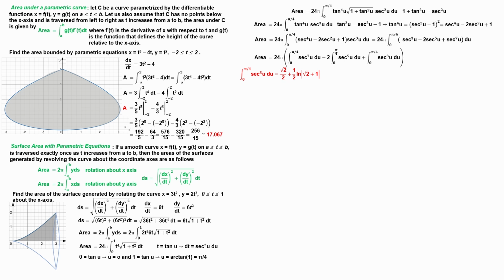The integral of secant to 5 can be solved using integration by parts, similar to how we solved the integral of secant cubed. Now we will define z equals secant cubed and v equals tangent. Follow along step by step.